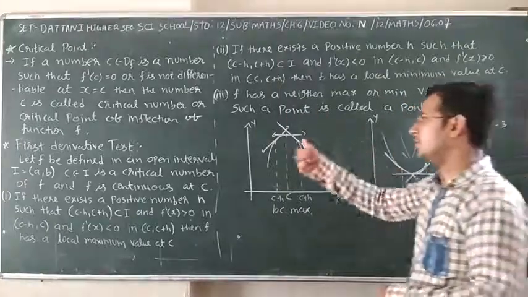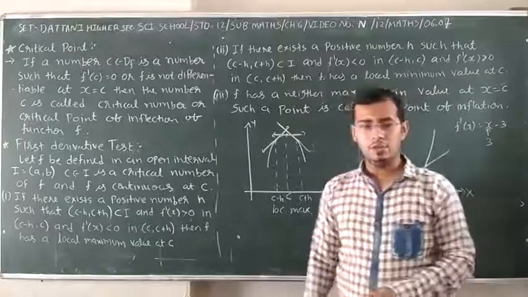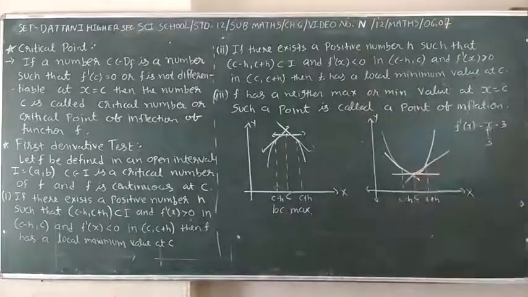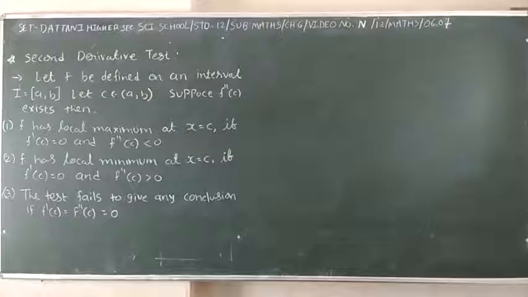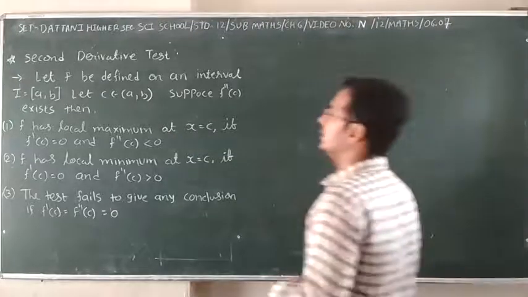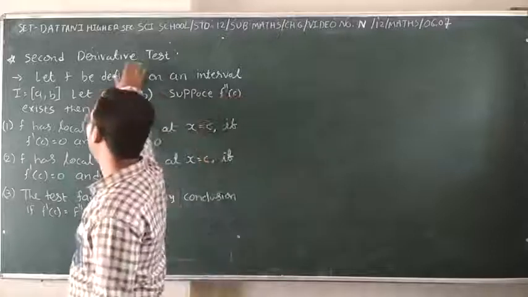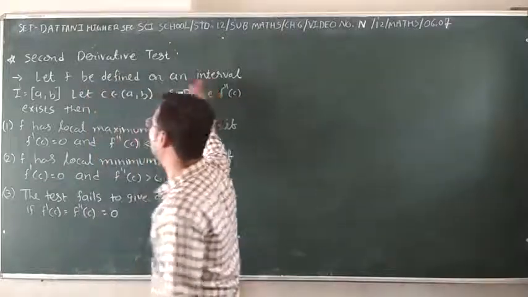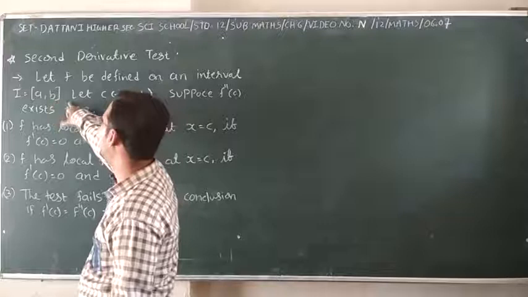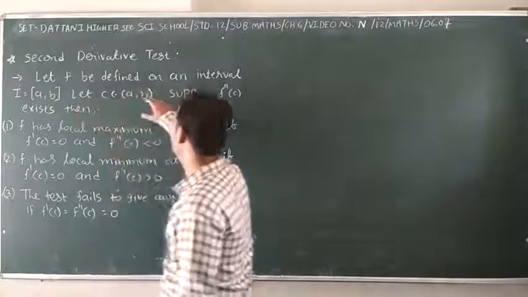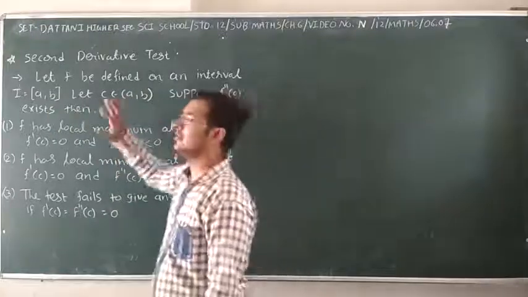Now we check the second derivative test. Let the function be defined on an interval I equal to the closed interval [a, b]. Let c belong to I, and suppose f double dash c exists.